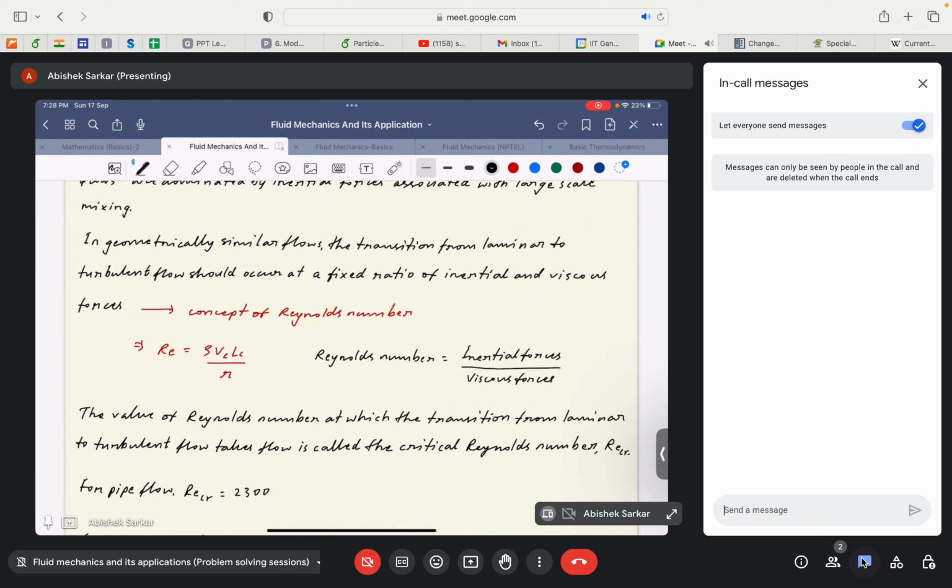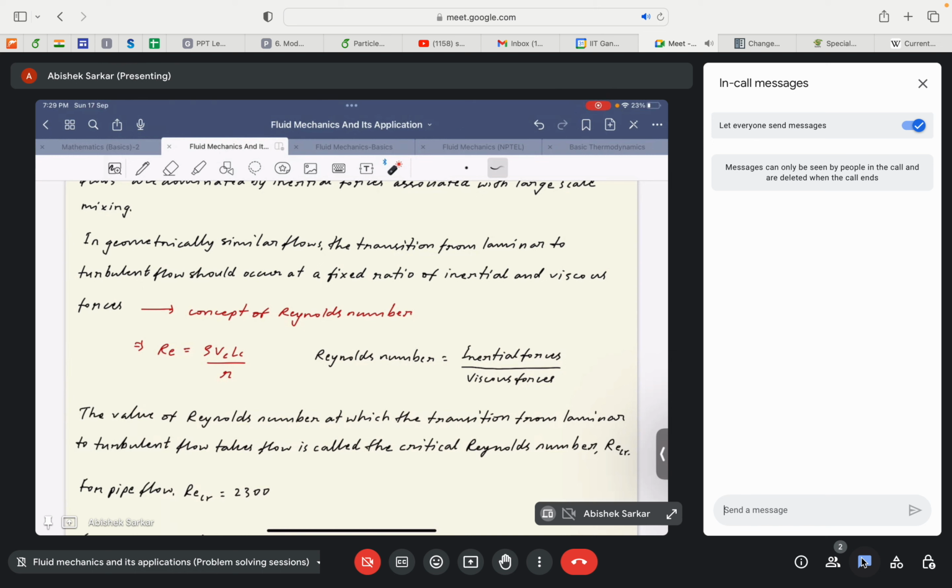So in the definition itself, as I mentioned, in the case of laminar flows, the flow is viscous dominated, right? The viscous force dominates in laminar flows, and in turbulent flows, inertial force dominates over the viscous forces. As you can clearly see, we are not trying to say that there are no inertial forces in laminar flows or no viscous forces in turbulent flows. Both of these forces exist in both cases.